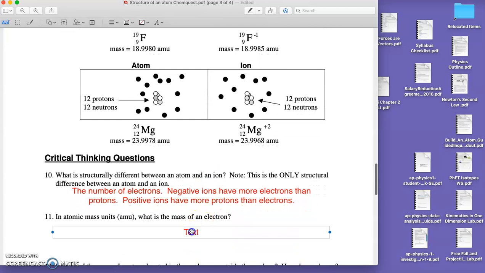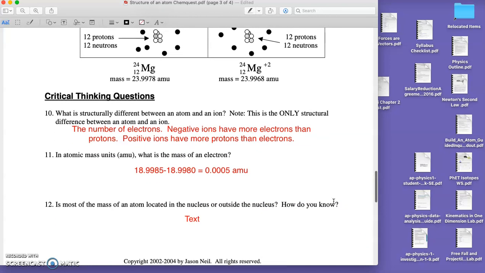So if I take 18.9985 minus 18.9980, that should tell me the mass of a single electron, which would be 0.0005 AMUs. So that's the mass of a single electron.